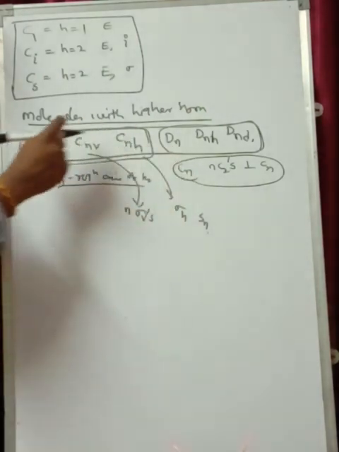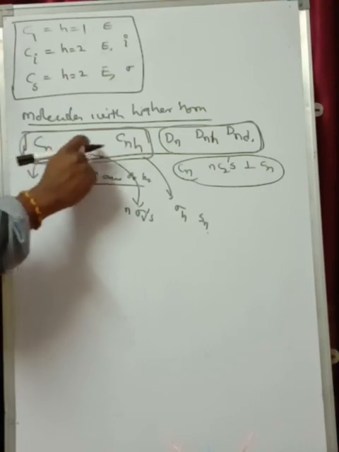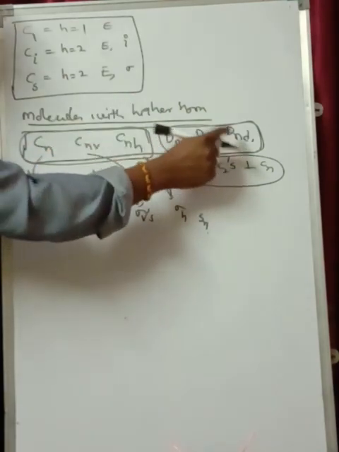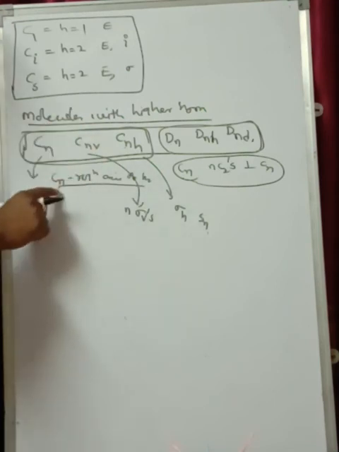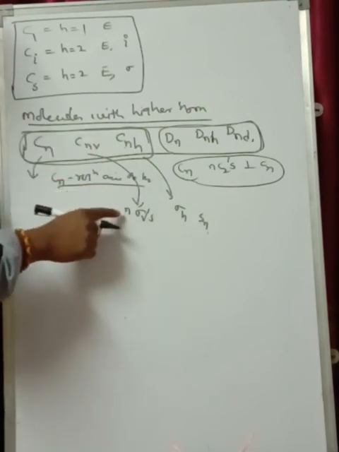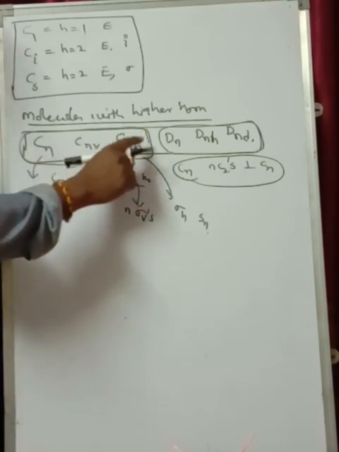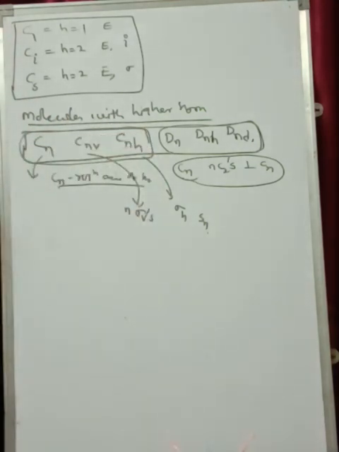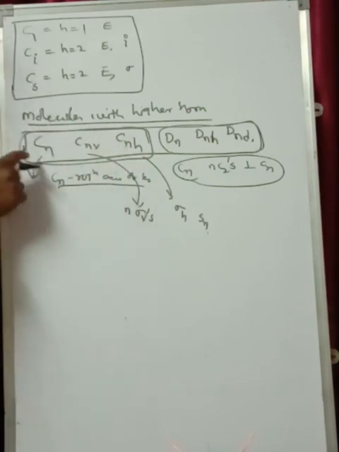So you can easily differentiate these two types of point groups, that is Cn, Cnv, Cnh, from Dn, Dnh and Dnd. If you have only a rotational axis of symmetry along with planes of symmetry sigma v and sigma h, they come under Cnv or Cnh. If it has only rotation, then it comes under Cn.